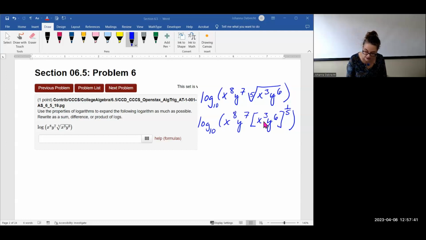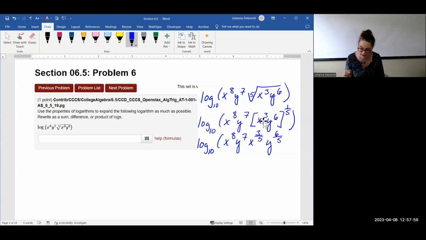So in the next step, I'm going to simplify a little bit further, which is going to give me x to the 8th, y to the 7th, times x to the 3/5 times y to the 6/5, right? Those are powers, okay?